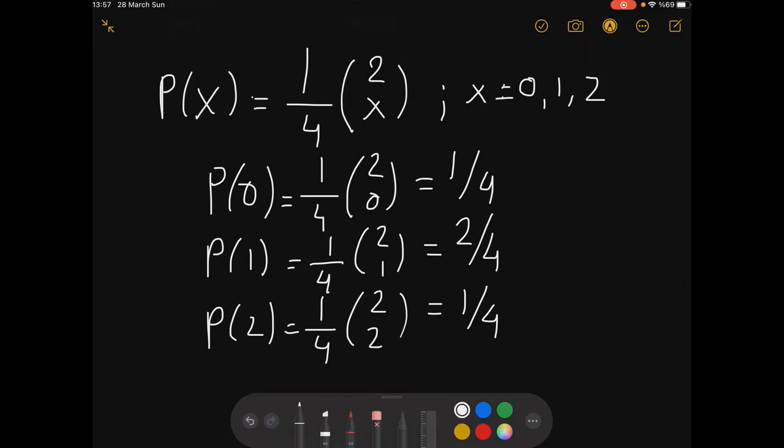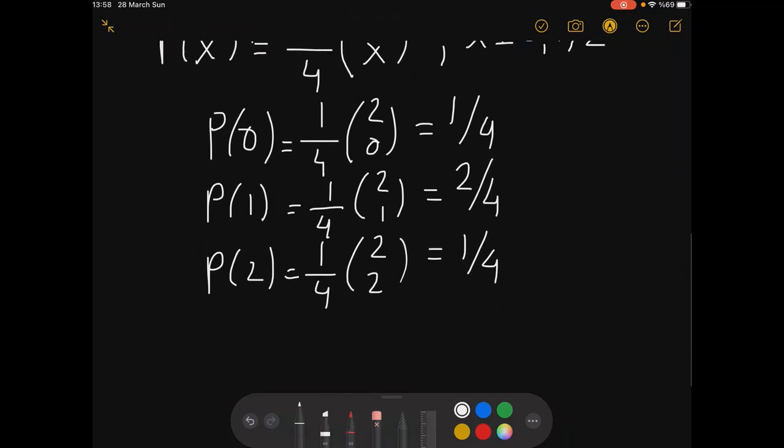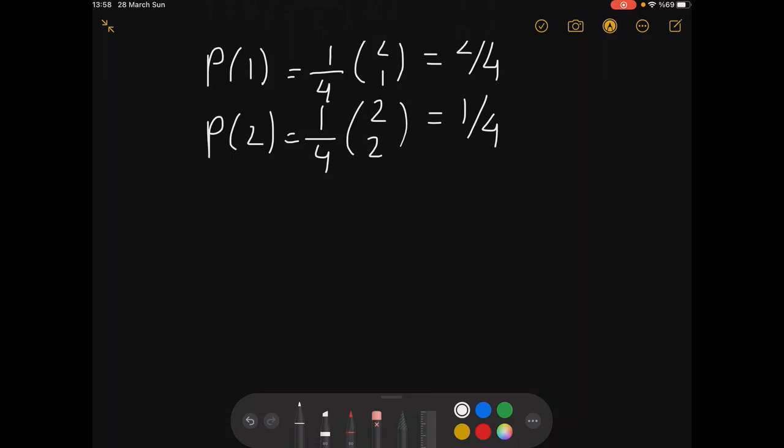Now, you can also depict this in a table as well, just a different view for you to have an idea.